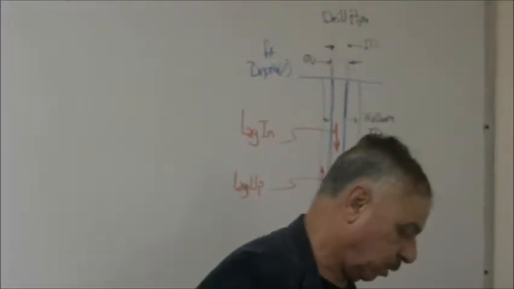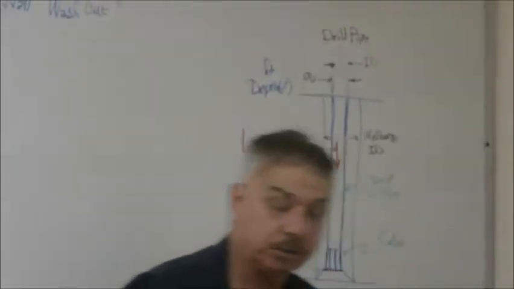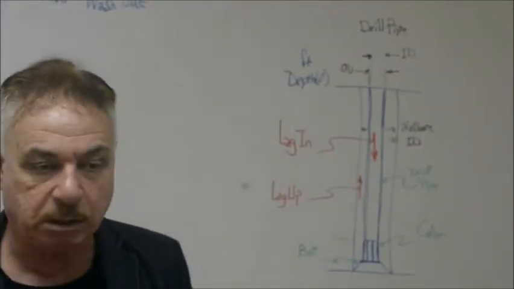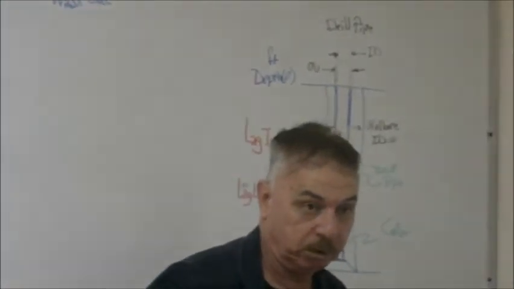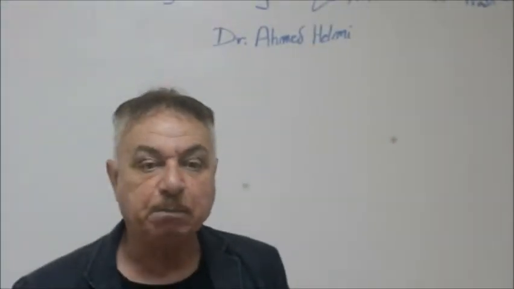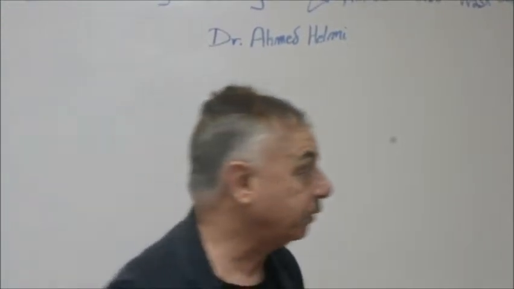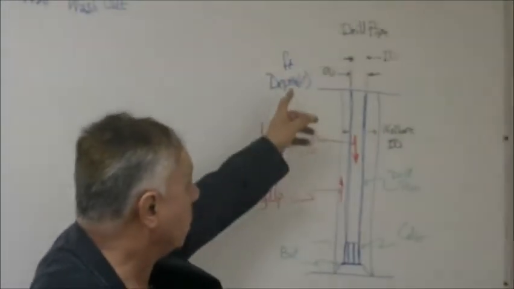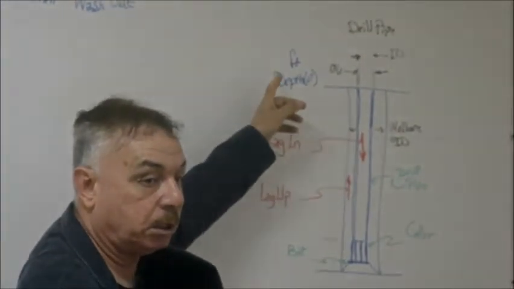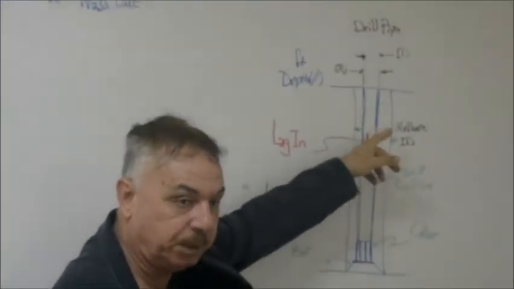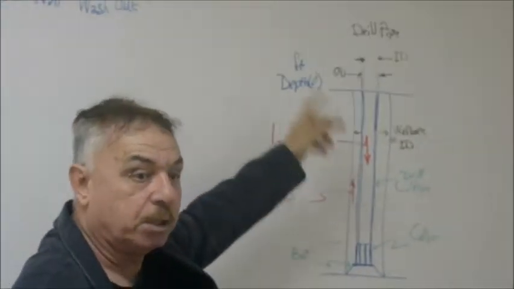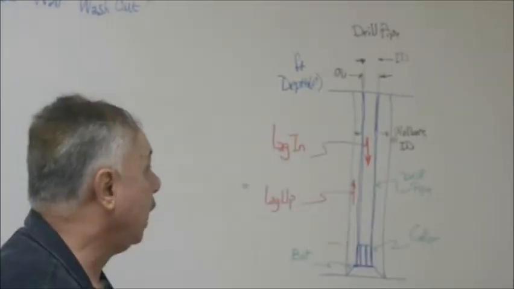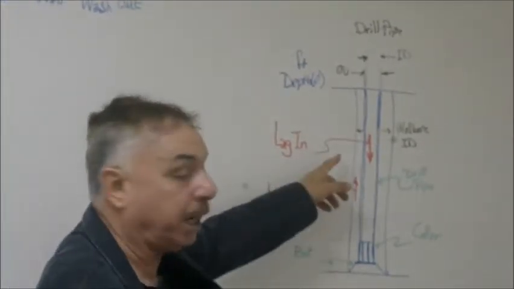Actually, I will not concentrate on time as the unit with which we would calculate the lag. Instead, I will concentrate on using the pump stroke. We know that the drilling mud comes from the active pit to the mud pump, to the standpipe, swivel, Kelly, and then drill pipe.